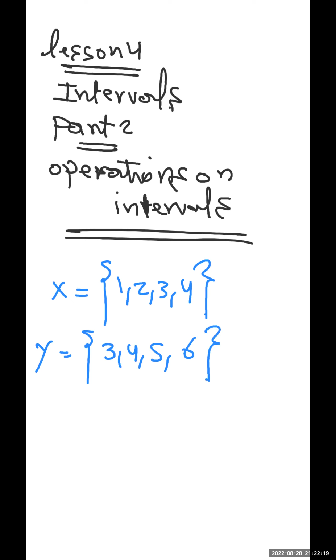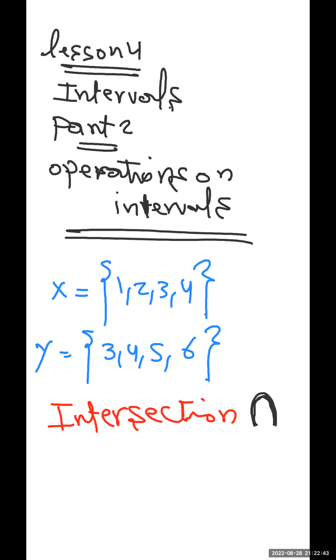Now guys, there were 3 main operations on sets. The first one is the intersection, and it's simple like this.